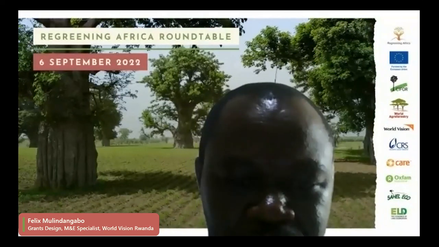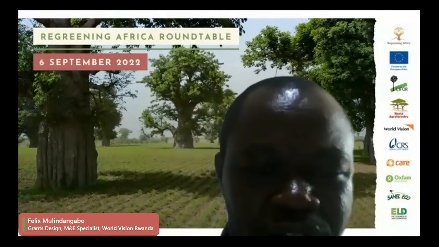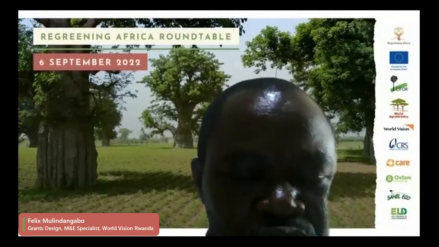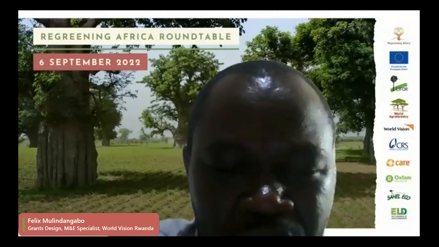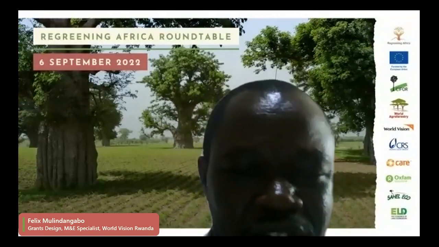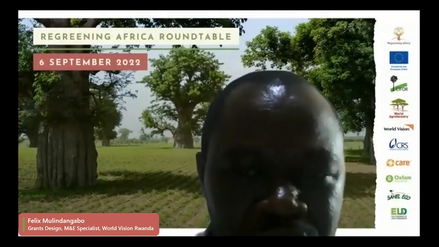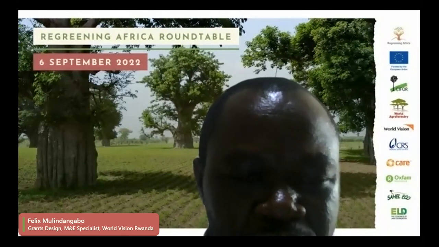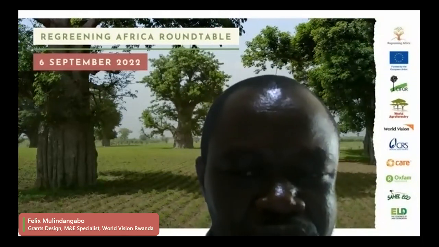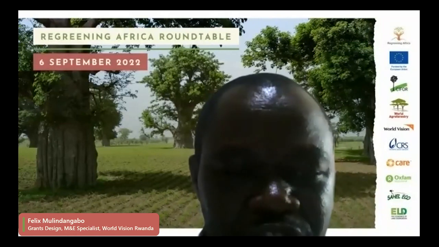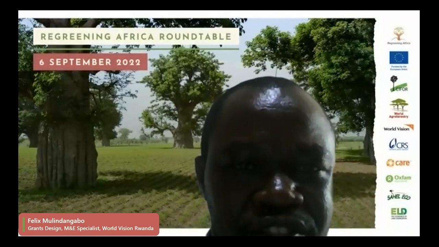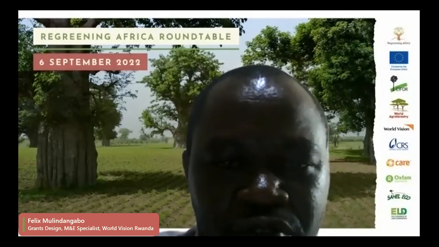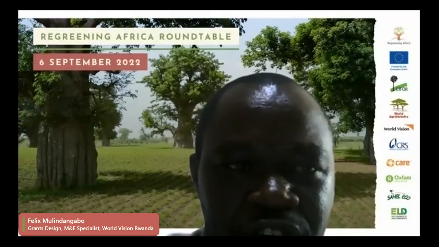Farmers have the ability to choose the exotic species over the indigenous one, but we're trying to deepen our engagement with the community to show them the benefits of indigenous trees, and also try to diversify the tree species so that at least they're able to choose and have a variety of trees. I think it's a matter of time.